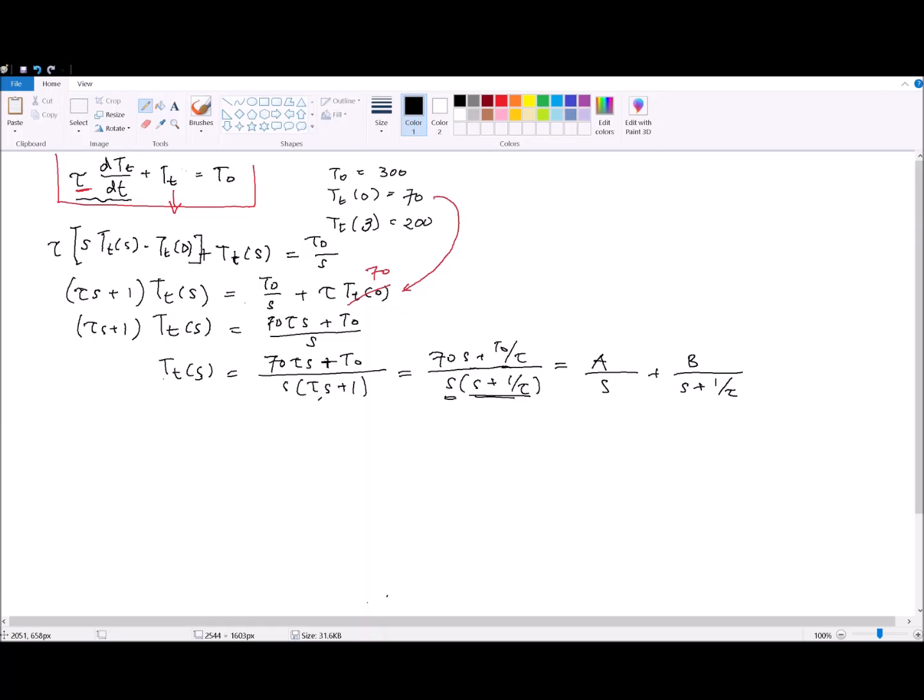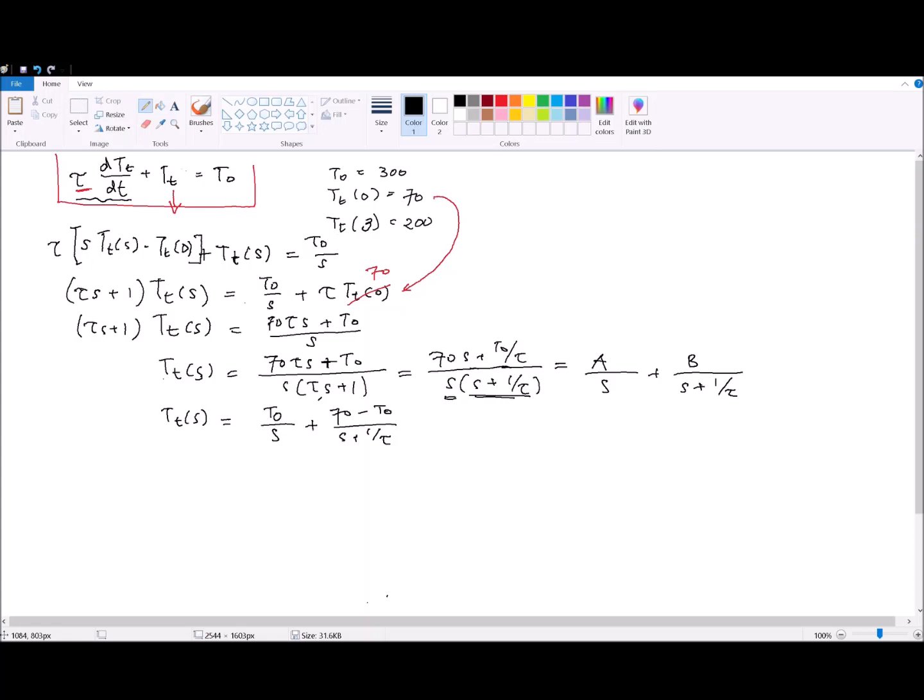When you evaluate A and B here, you can do it by yourself; I will not do it here. At the end, you can find that A will be equal to T naught, and B will be equal to 70 minus T naught, over s plus 1 over tau.